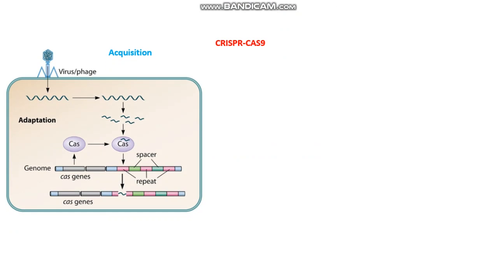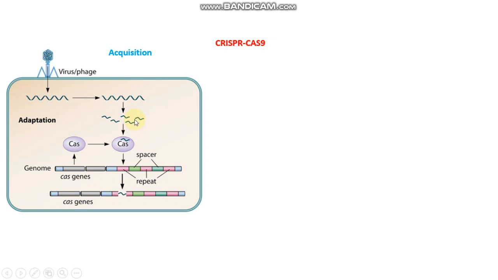In the CRISPR-Cas9 system, there are two different phases, the acquisition phase and the interference phase. In the acquisition phase, initially when the phage virus attacks a bacterium, it incorporates its genomic DNA into the bacterial cell. Then some specific sequence is copied from there and assembled in the CRISPR locus.